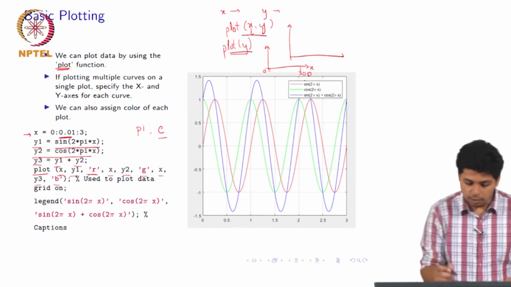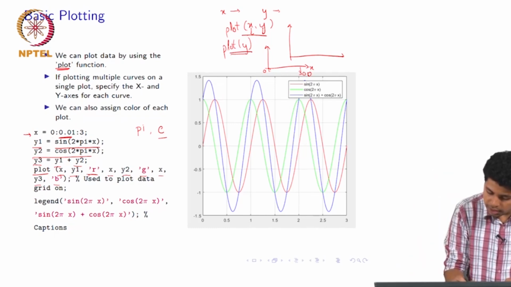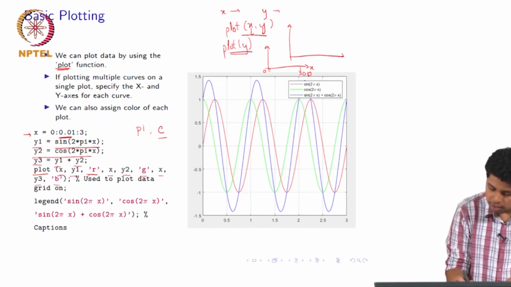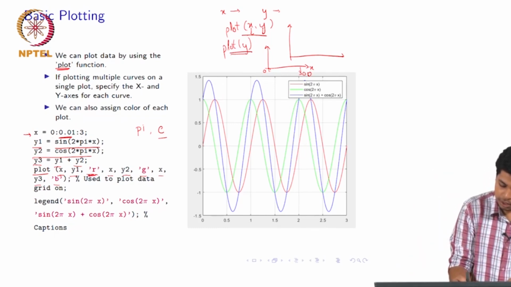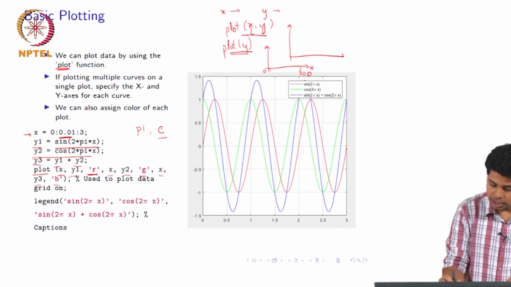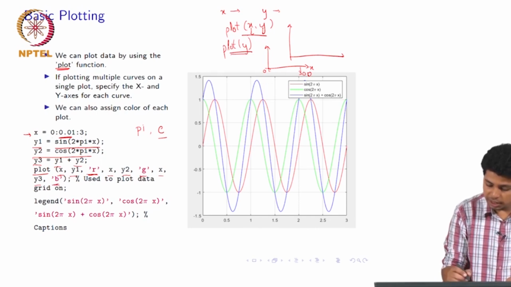Now you will also notice in this code that in these inverted commas I have put certain other letters as well, like r, g and b. What this means is, I can plot individual data in different colors.